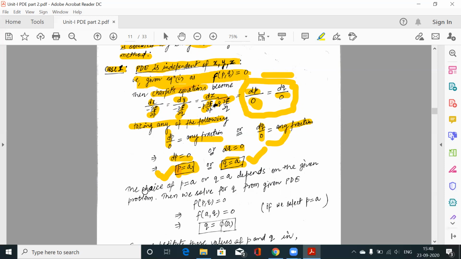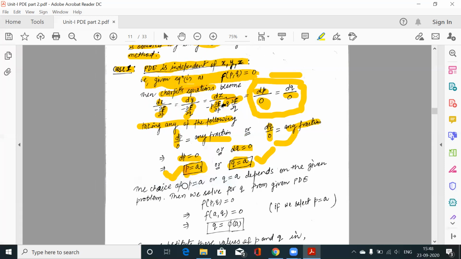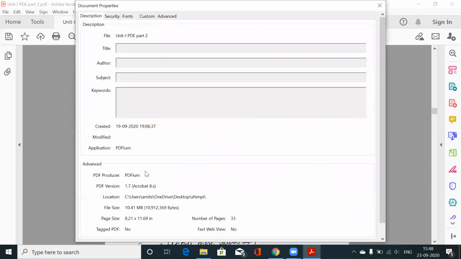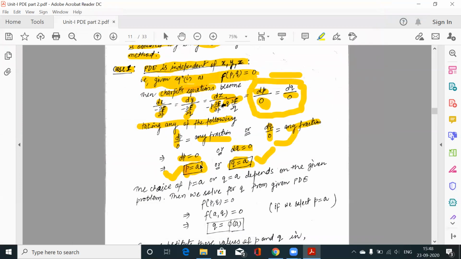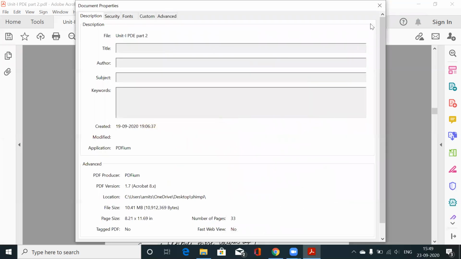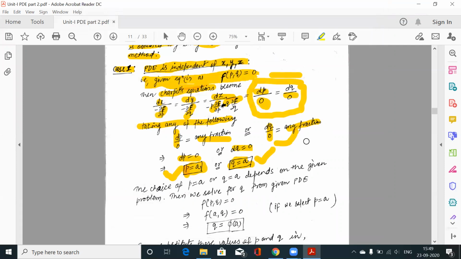So whether you take p is equal to a or q is equal to a depends on the question. We can take any of these two equations, either p is equal to a or q is equal to a. It depends on the given problem.